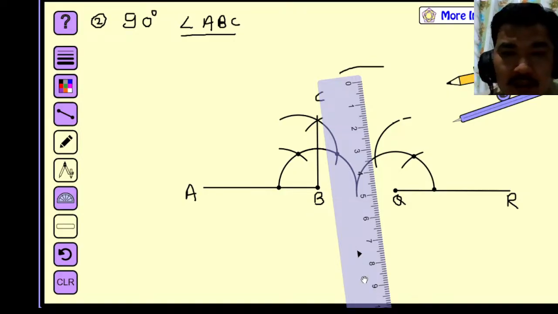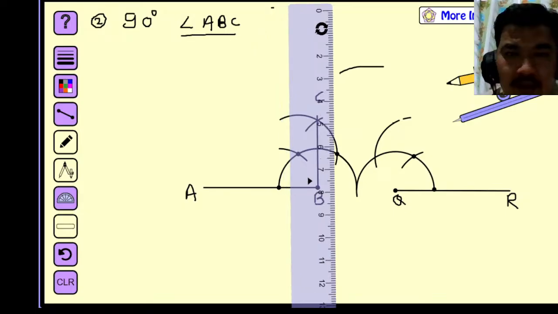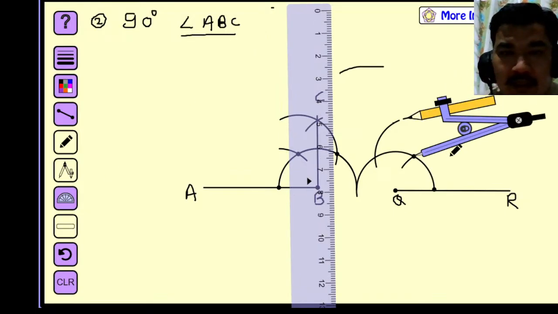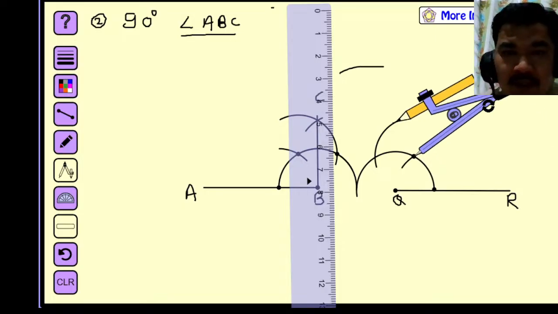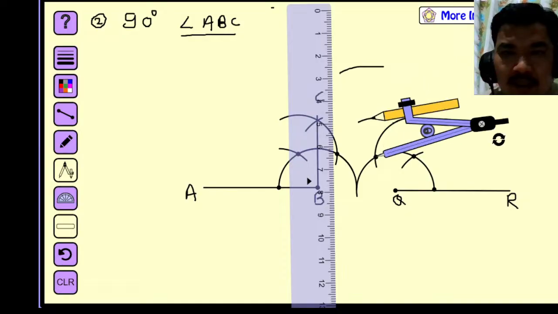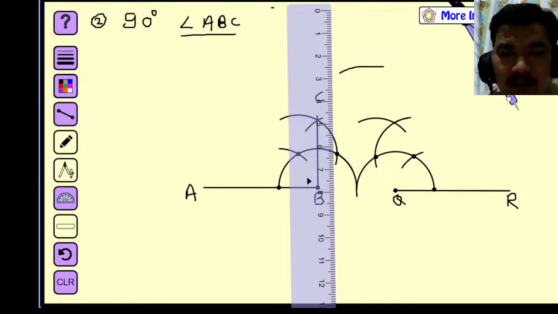Okay, this ruler I am keeping straight, right, and taking again the help of this compass, and now putting at this 120 and cutting here, okay. This cutting point is 90 degree here.